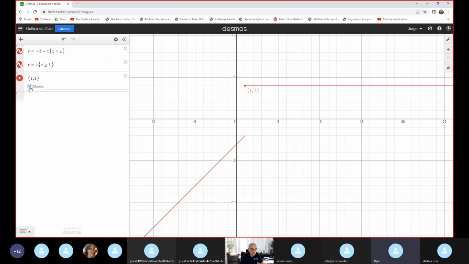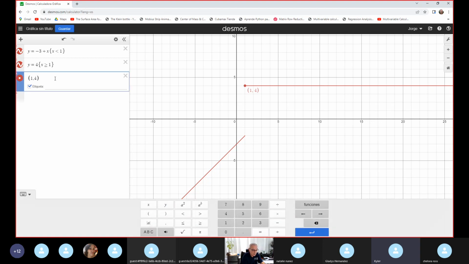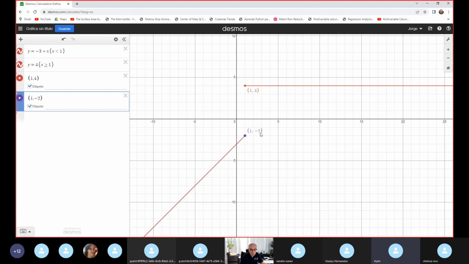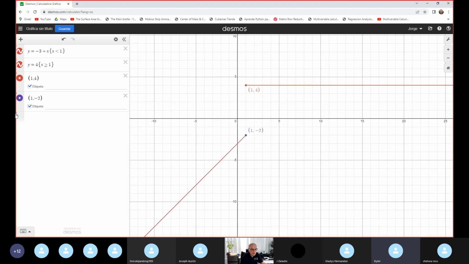Let me put a label of identification. And the second point separately is the point 1, negative 2. How do you know? Look in the picture. It's parentheses 1, negative 2. And again, we have a label. We have the same color because it's the same function. But this is a hole.